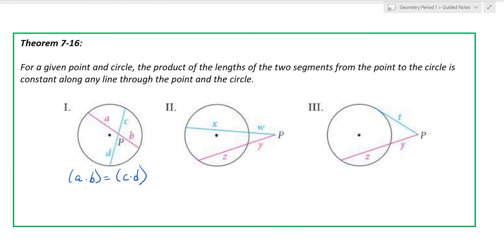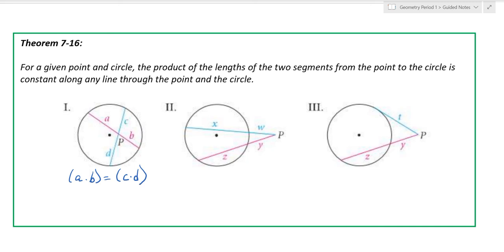If the intersection of 2 chords, not 2 secants, 2 chords, we can actually use this relationship to find that.